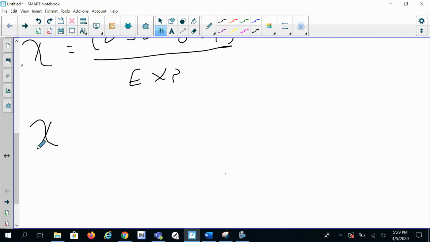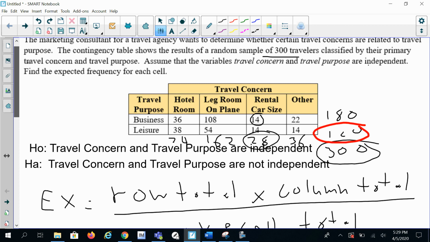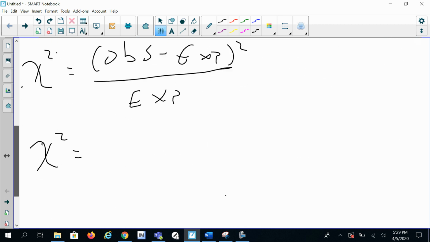So chi-square is going to be equal to my first value. If you wrote down the table, I'm not going to keep scrolling up and down the whole time. It's just going to be too much work. I have it written down next to me.